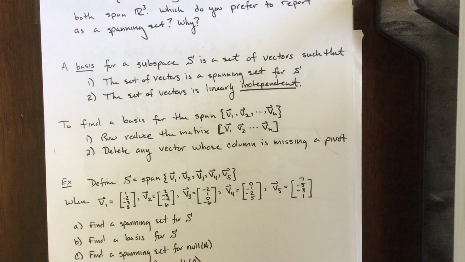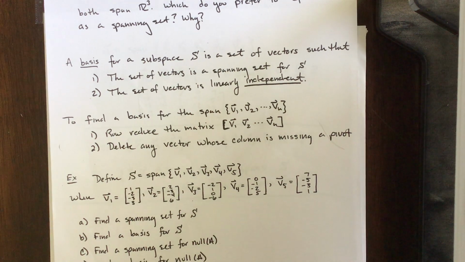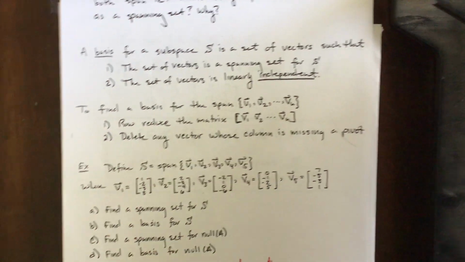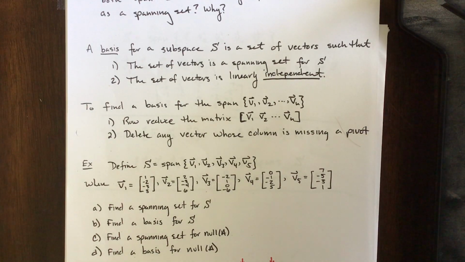At that point, we'll row reduce that matrix, and delete any vector whose column is missing a pivot. So anything that has a pivot remains. Every column that doesn't have a pivot gets thrown out. The set of vectors that are left over is a basis for that subspace.